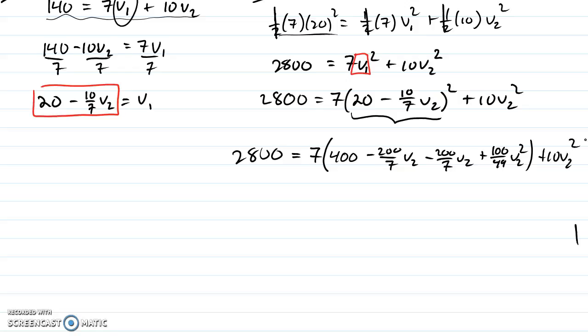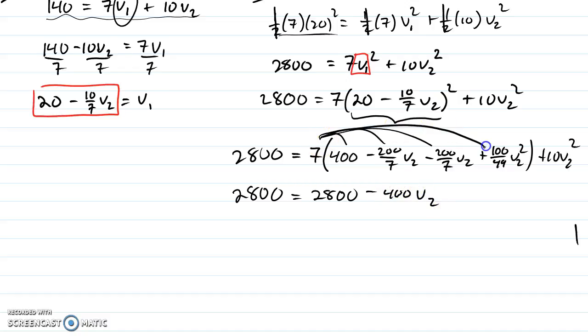Alright, and then I'm going to multiply everything by 7. So this actually isn't too bad. I'm going to get 2800 here. When I drop 7 in there, it's going to be minus 200 minus 200, which is minus 400 v2. Now this is going to be plus 100 over 7 v2 squared plus 10 v2 squared. What is 100 over 7?